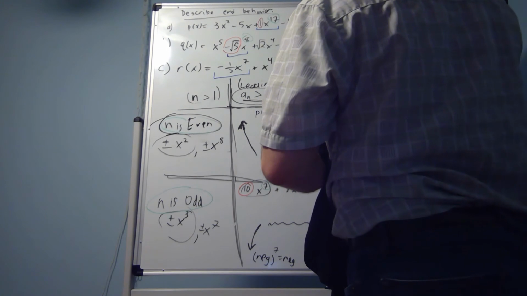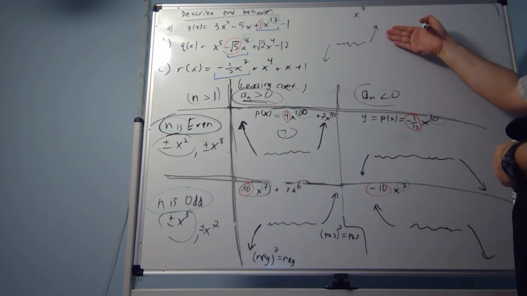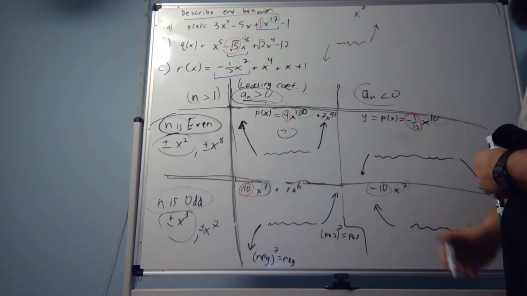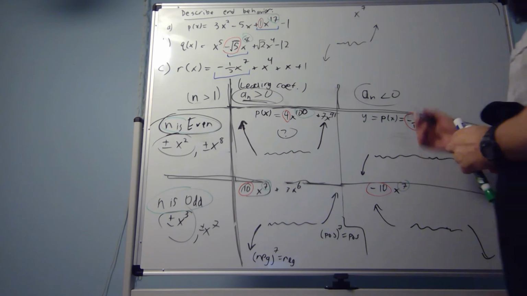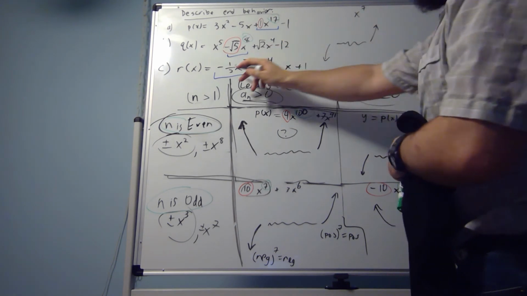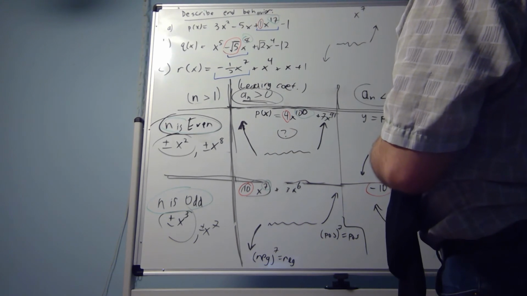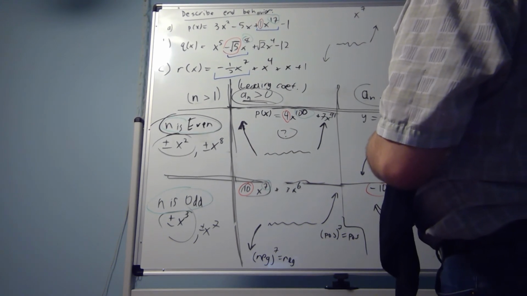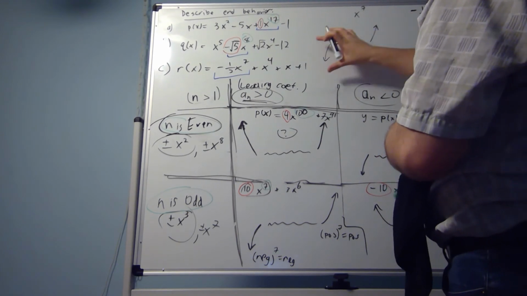We multiply x by itself 7 times. A positive number to the 7th power is positive. A negative number to the 7th power is negative, because of the one left over. But we're more interested in the negative of that. So negative 1/2 times that is half as big, but it's still going to infinity.